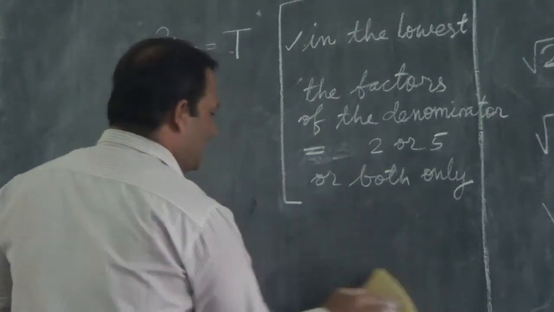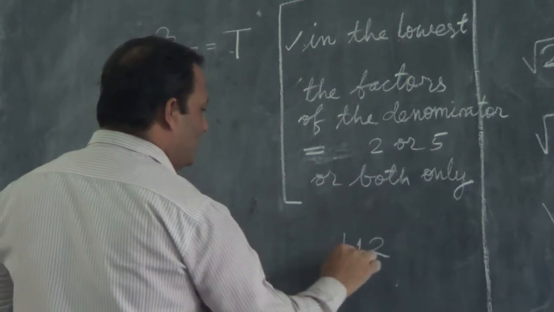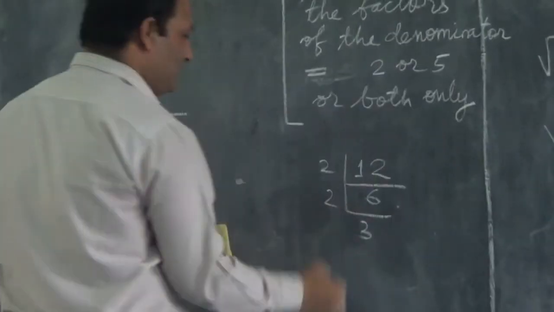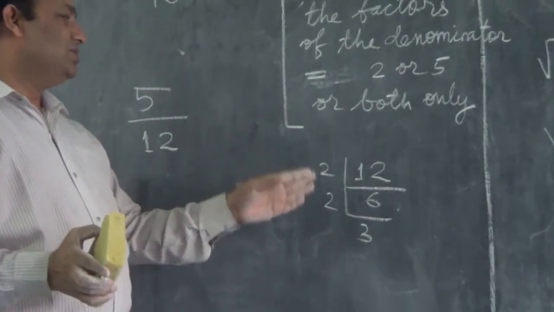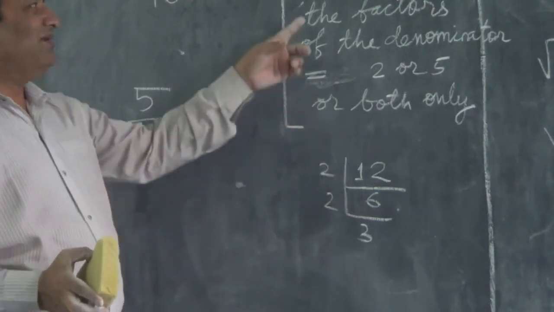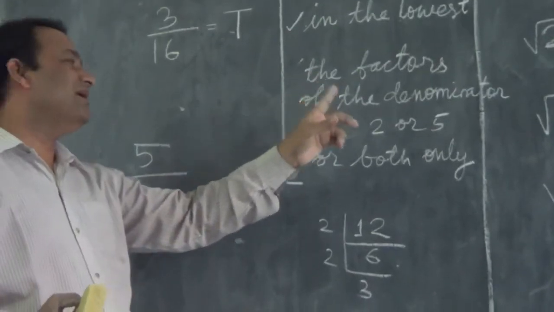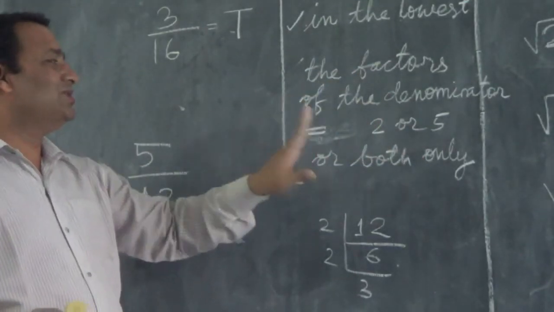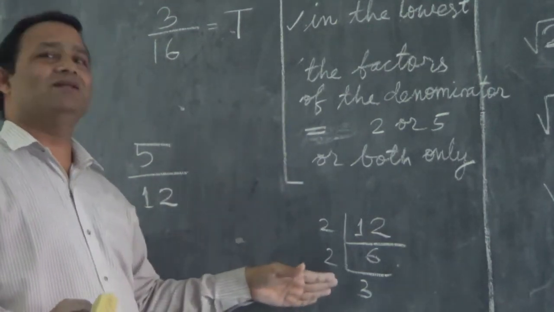Second condition is what? We have to check the factors of the denominator 12, 2 6s and 2 3s. So here what factors are coming? 2, 2 and 3. But our rule says the factors of the denominator should be either 2 or 5 or both 2 and 5 only, not any other factors.